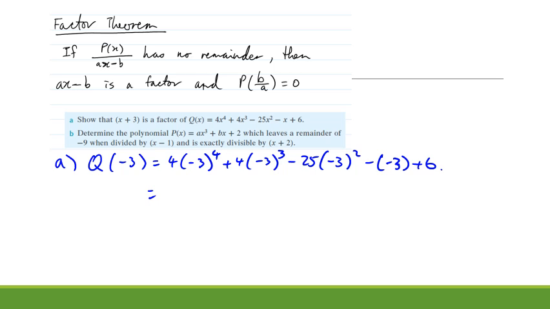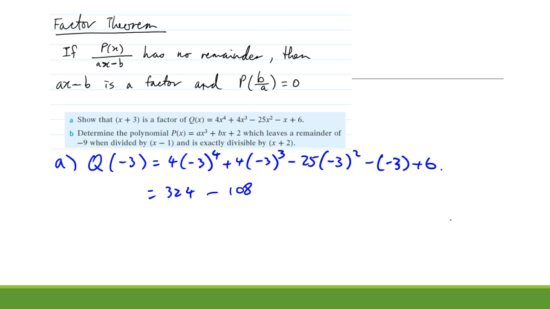3 to the power 4 is 81. 81 times 4 is 324. Plus 4 times negative 3 to the power 3, which is 27 but there's a negative, so it becomes a minus. 27 times 4, that's 108.